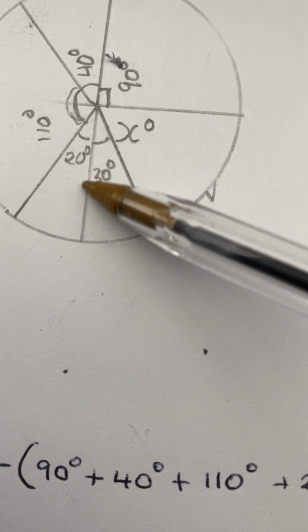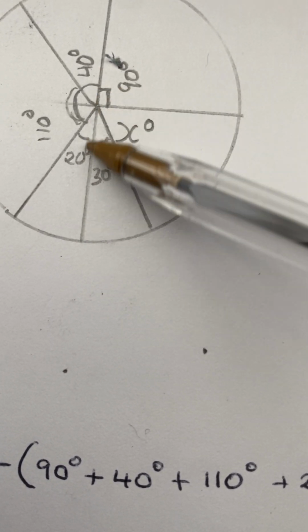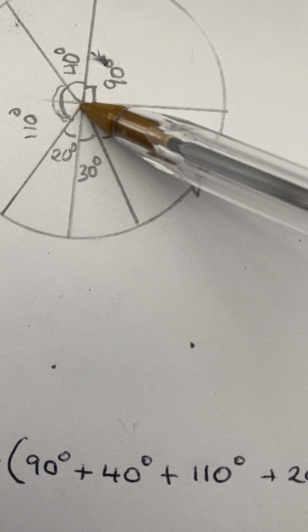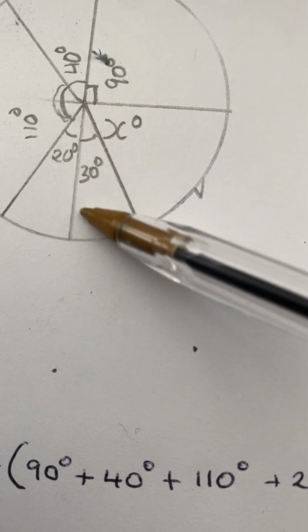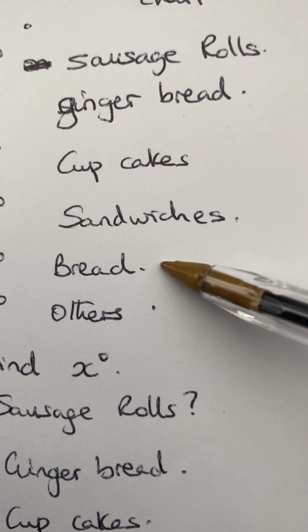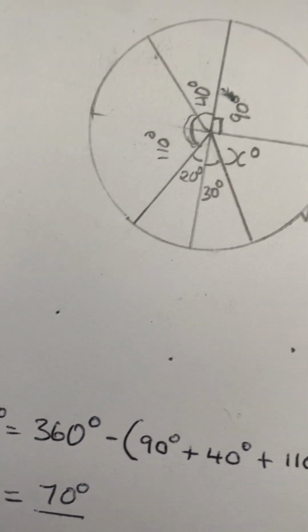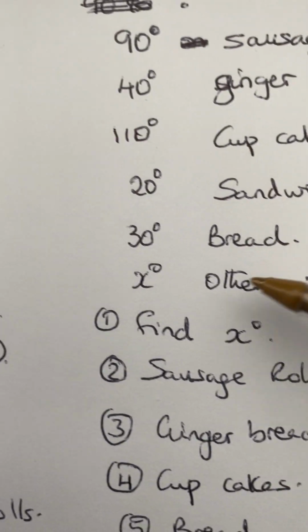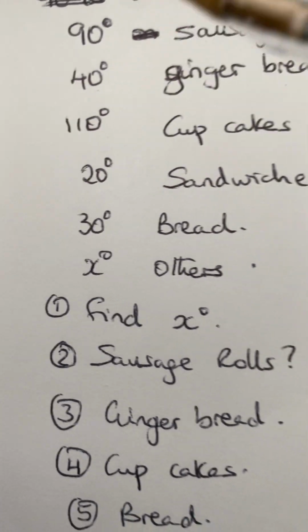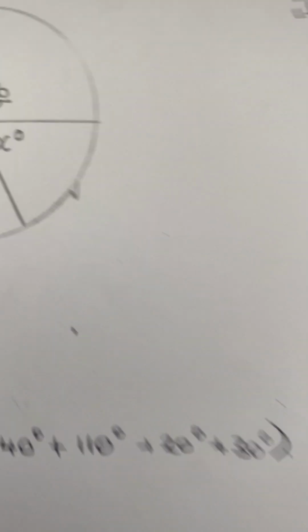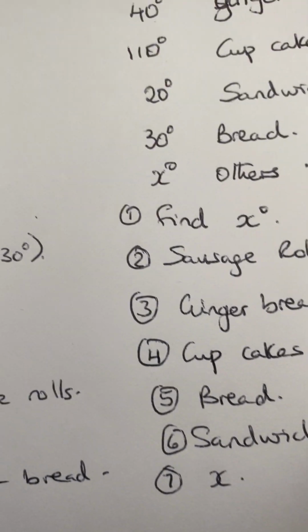And then I turned the protractor on this line from the middle, and then I measured 30 degrees for bread, and then it brought me here. And then they said the others, assorted bakery stuff, is X degrees. The others, I don't know what they are.